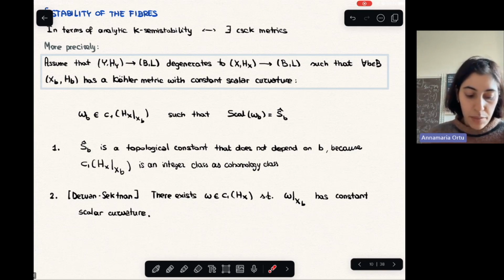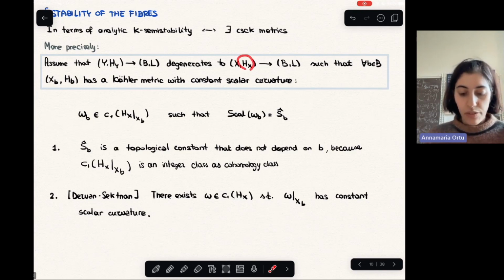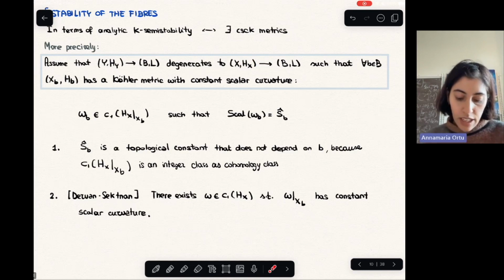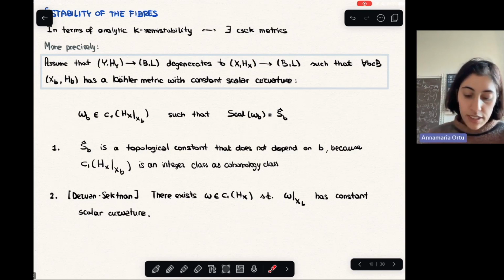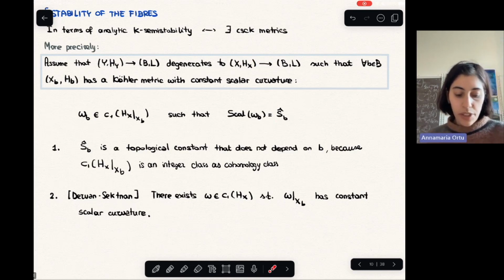So we have some ω_b, a representative of the first Chern class of the relative polarization of X restricted to the fiber, such that its scalar curvature is constant. And this constant is a topological constant, so it is independent of B.